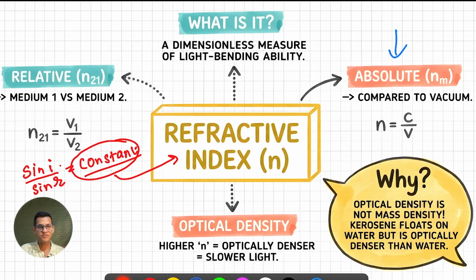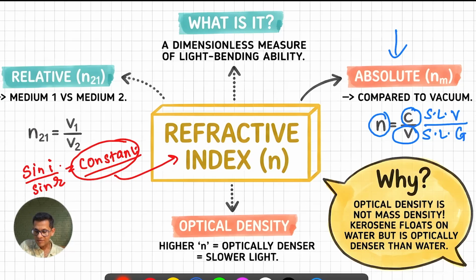So if I want to write the formula for calculating the refractive index of glass, if a light ray is passing from air to glass, in this case I'll say refractive index is equal to c, which is the speed of light in air or vacuum, divided by v, which is the speed of light in glass.